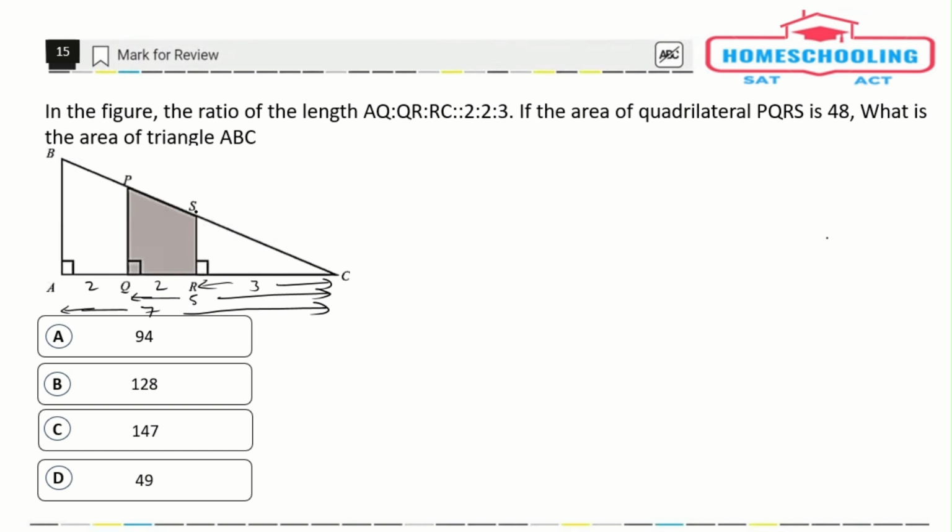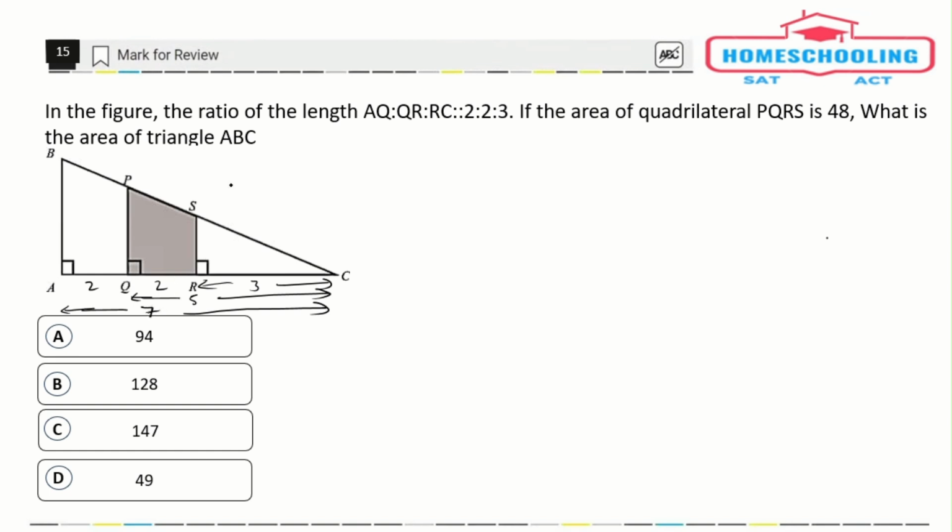Here we have 3 triangles. For triangle SRC, the side is 3. For triangle PQC, the side is 5. And for the largest triangle BAC, the base is 7.